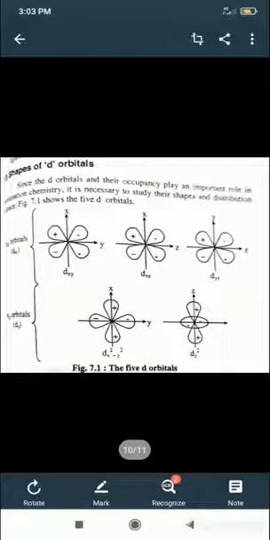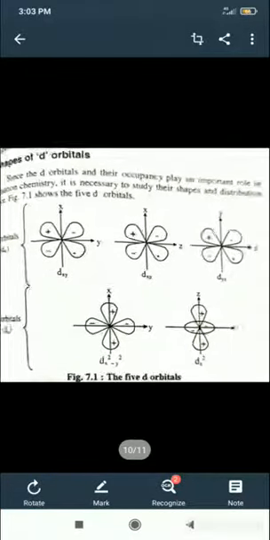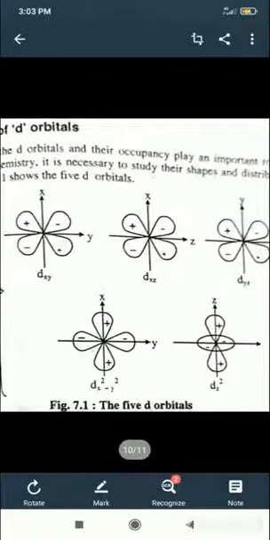Now the remaining 2, d is divided into 5. Now these 3 make one set, and the remaining 2 we will discuss here. The fourth one is dx square minus y square. On this, what happened? Lobes are present along the axes, not in between. They are on the x axis and the y axis.